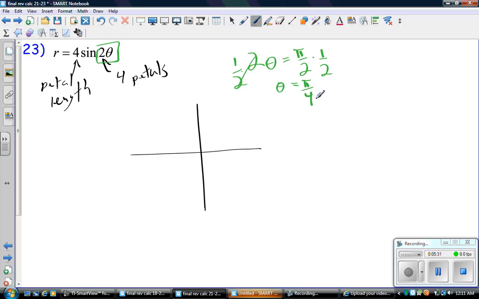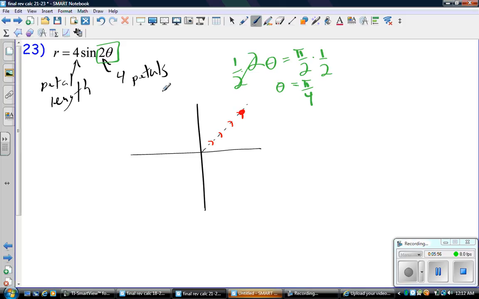That tells me that I start my first petal at pi over 4. So my first petal is going to branch out 4 spaces. So 1, 2, 3, 4. I'm assuming I have circles drawn here.